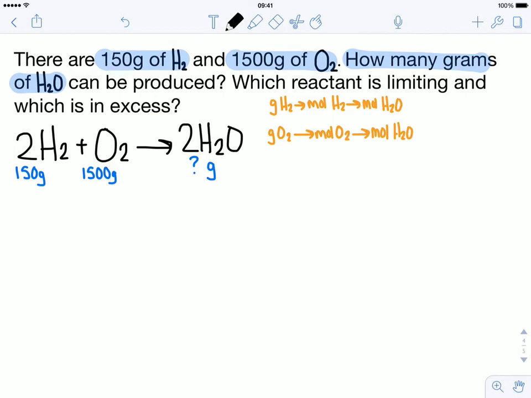So the problem says there are 150 grams of H2. And we need to convert that into moles of H2. So how do we convert grams to moles? We convert grams to moles by using the molar mass. So in 1 mole of H2, there are 2.02 grams.